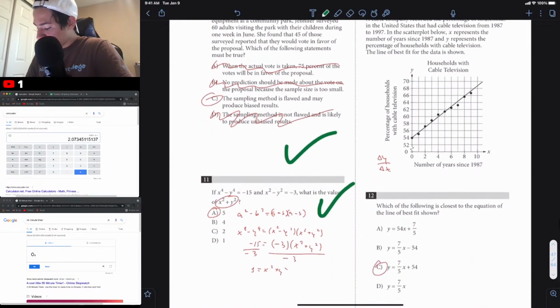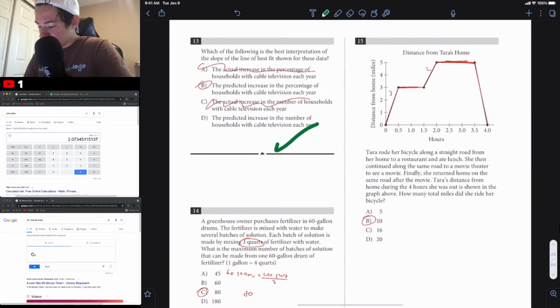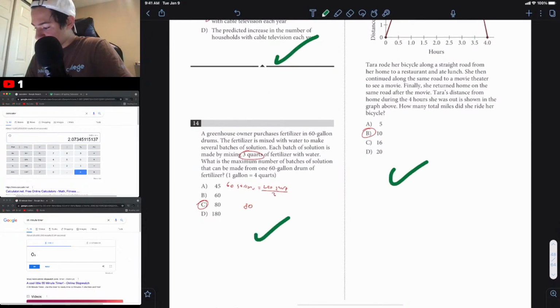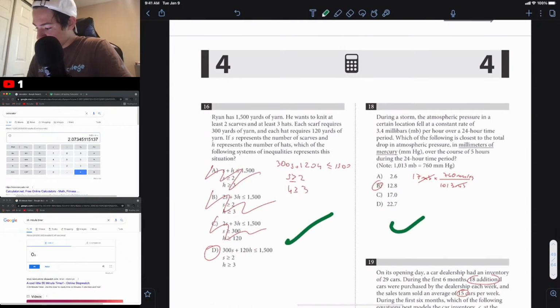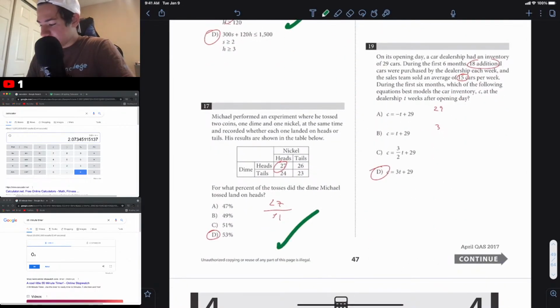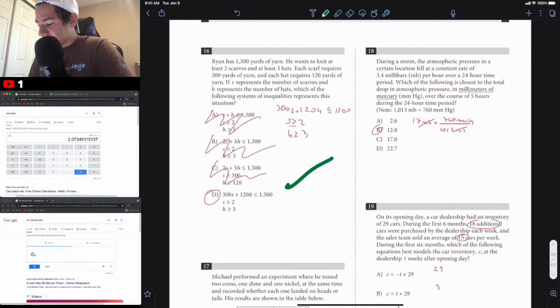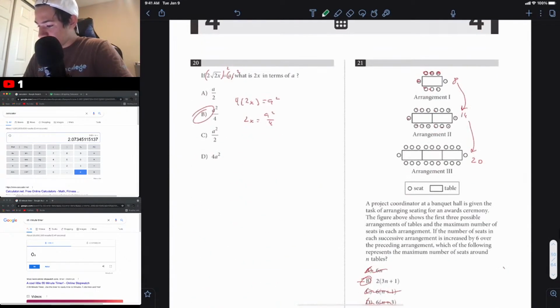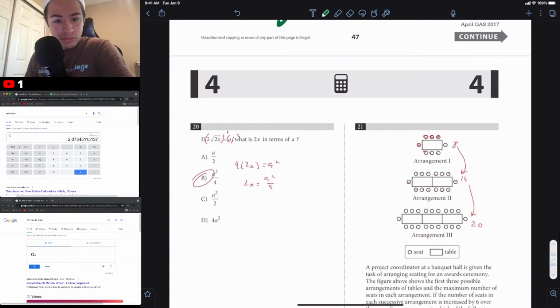C, A, B. Oops. There you go. DD. Okay. I was about to say, I thought I missed 18. 18 is right. 19 is D. 20.